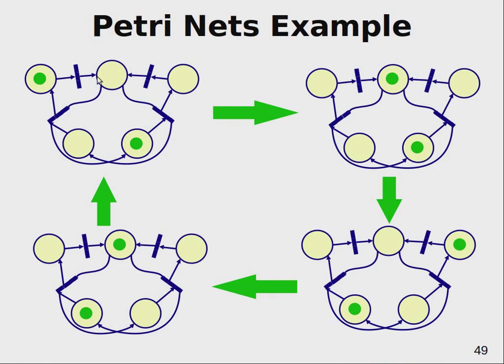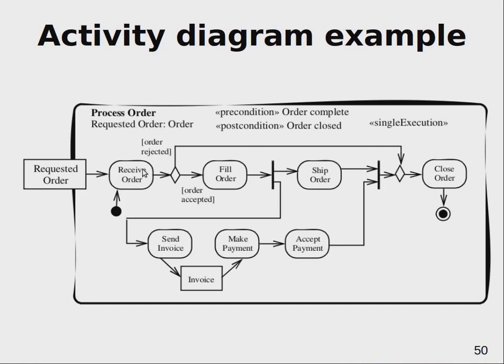And these may also be in cycles, and there may be different kinds of parallel execution. So when you start parallel execution in a colored Petri net, you create duplicates of these tokens, which flow concurrently in different flows. And then when you need to check that everything finished, you can merge them together back, etc.